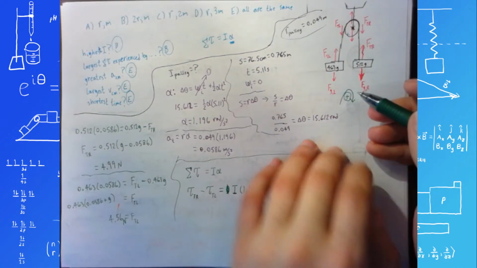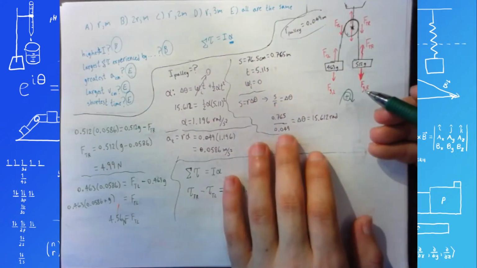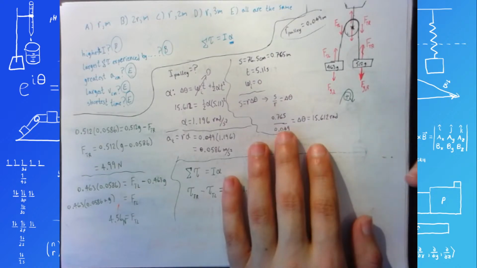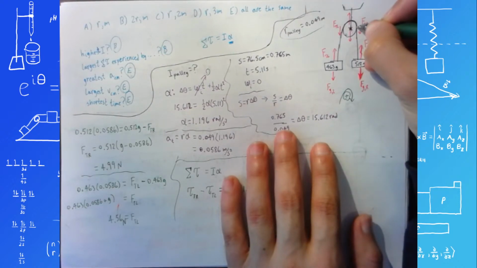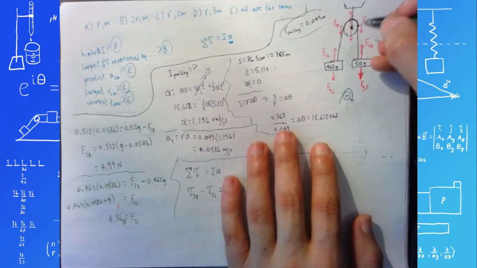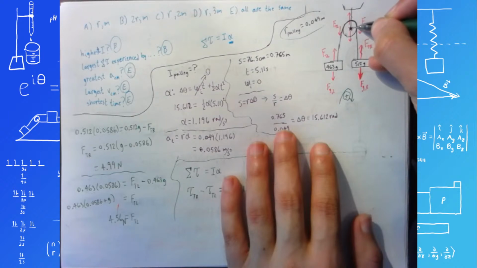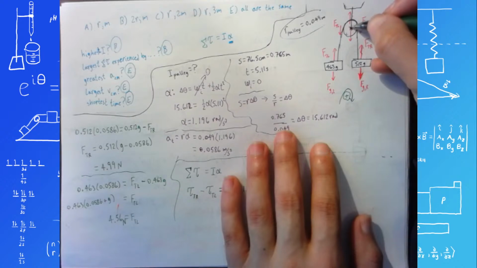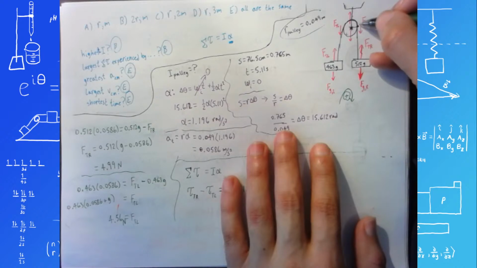Well, the force of tension just acts tangent to the pulley, and it will just act at some point on the rim of the pulley, and the displacement from the pivot of that point is just going to be one radius away, and the radius has to be perpendicular to that tangent. It has to be perpendicular to that tangential direction. So your pivotal displacement, as I like to call it, is just going to be the radius of the pulley.